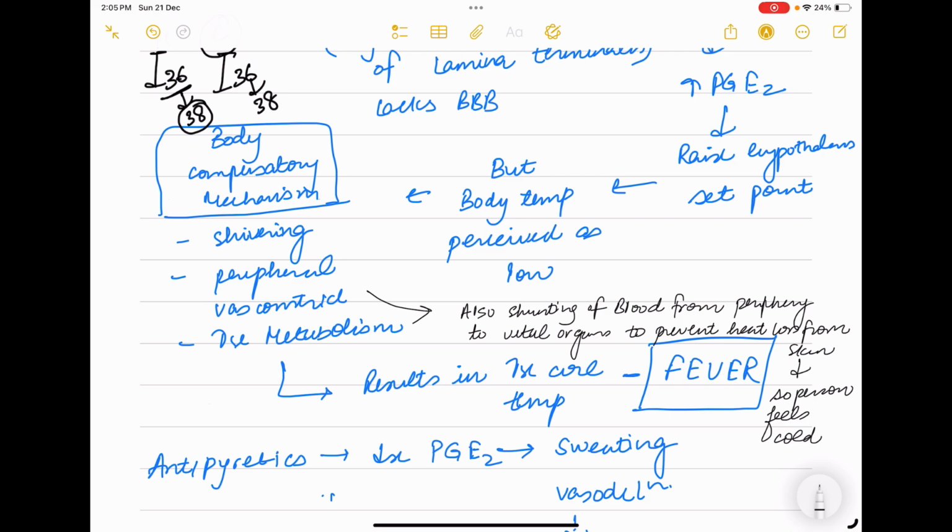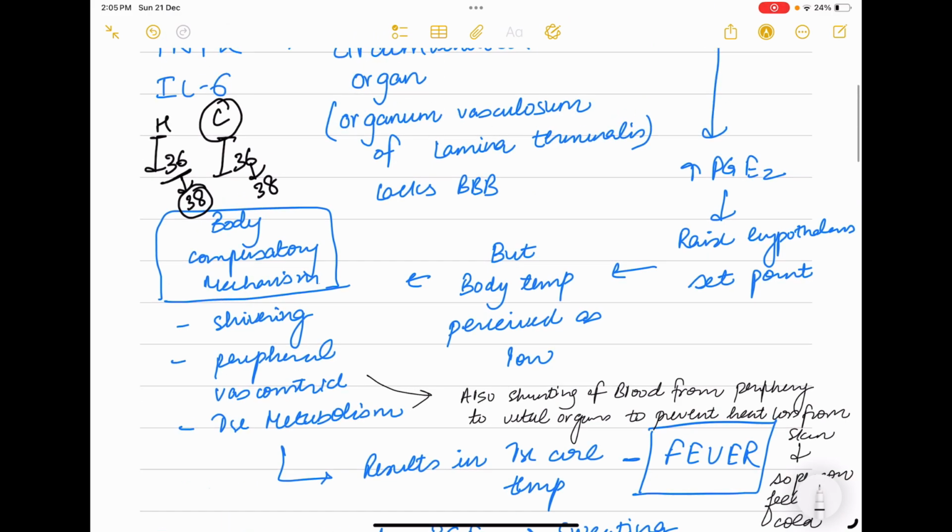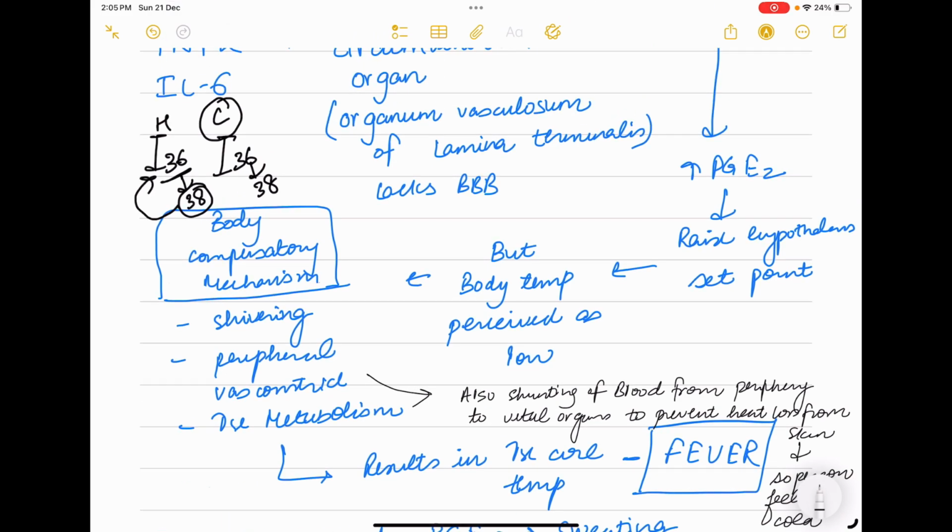Now you give paracetamol 650 mg to that person. What the antipyretic paracetamol does is, it will decrease PGE2. So it will decrease the hypothalamic set point again from 38 to 36. So our core body temperature will go down from 38 to 36 and fever resolves.